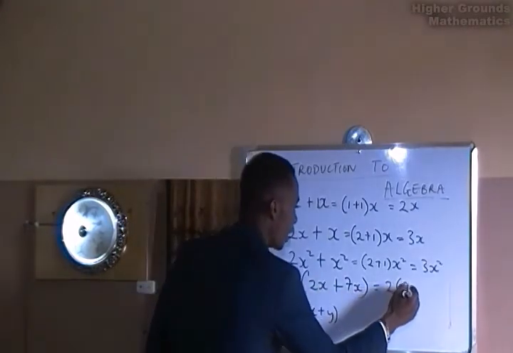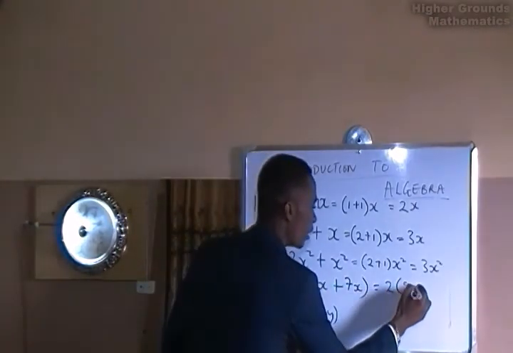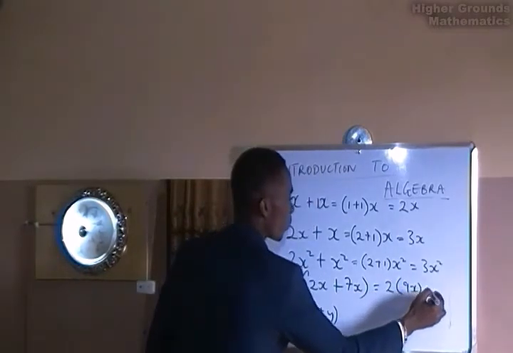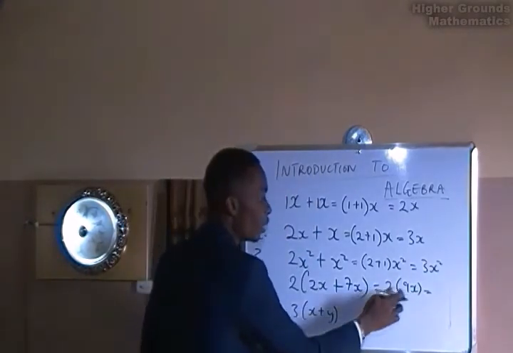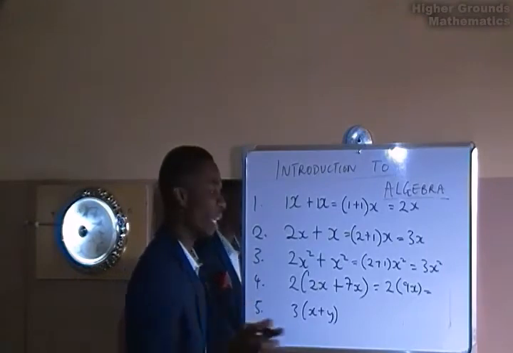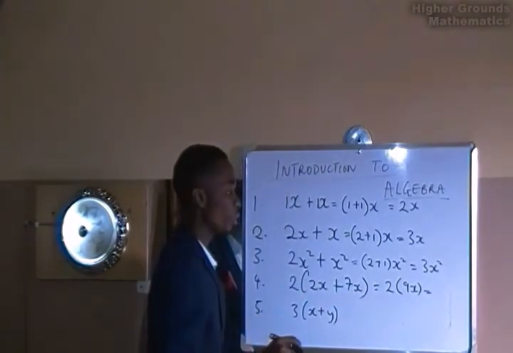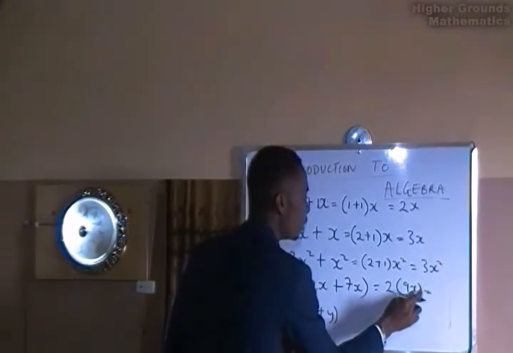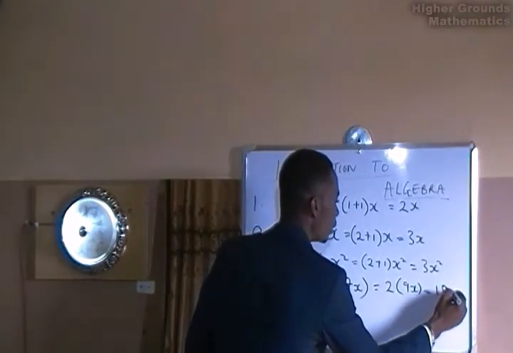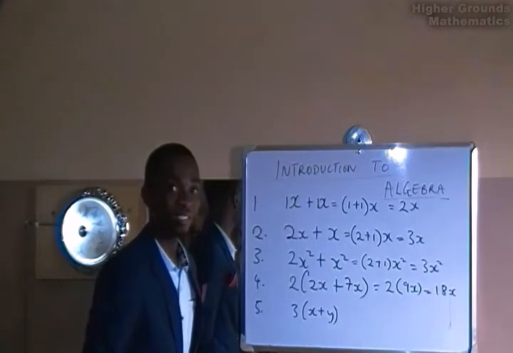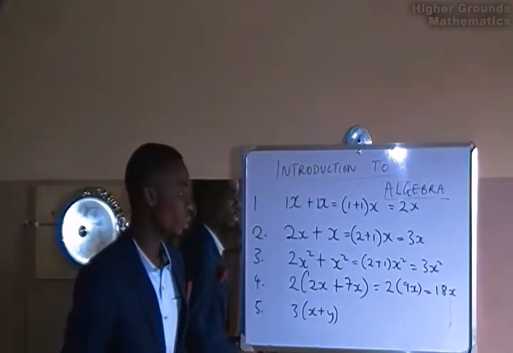So I write 9, then I write my x. 2 times 9. Whenever you have a bracket, you multiply what's outside by what is inside after you've done all the solving you need to do. So 2 times 9 will give 18. Then we have our x. I hope that is understood.